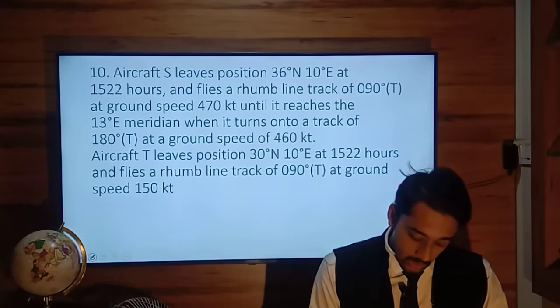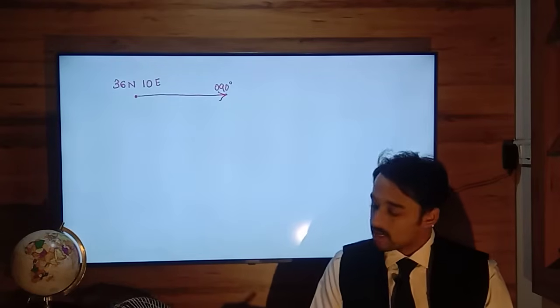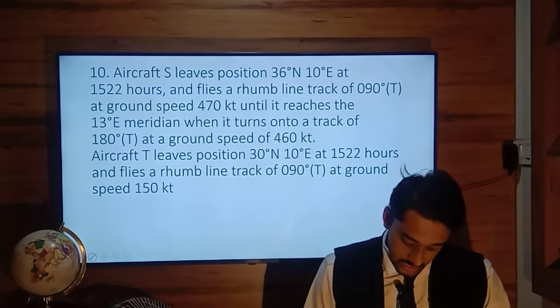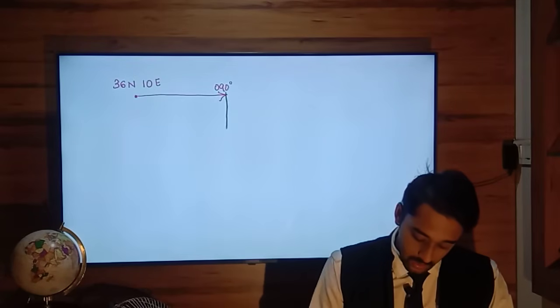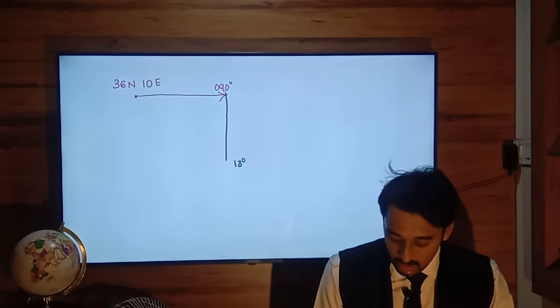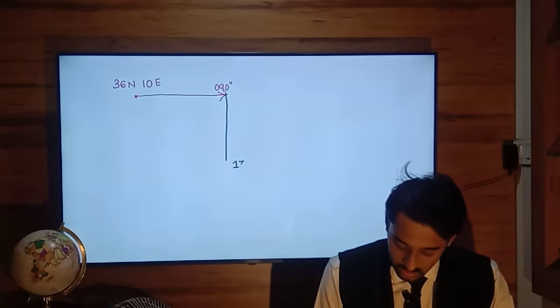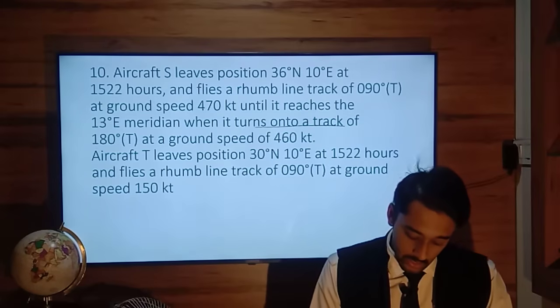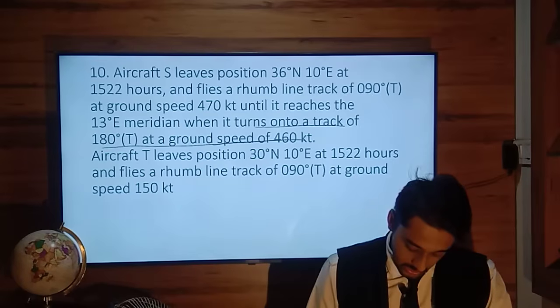It flies a Rumline track of 090. So this is a Rumline track of 090 degrees at a speed of 470 knots until it reaches the 13 degree east meridian, when it turns onto a track of 180 degrees at a speed of 460 knots.